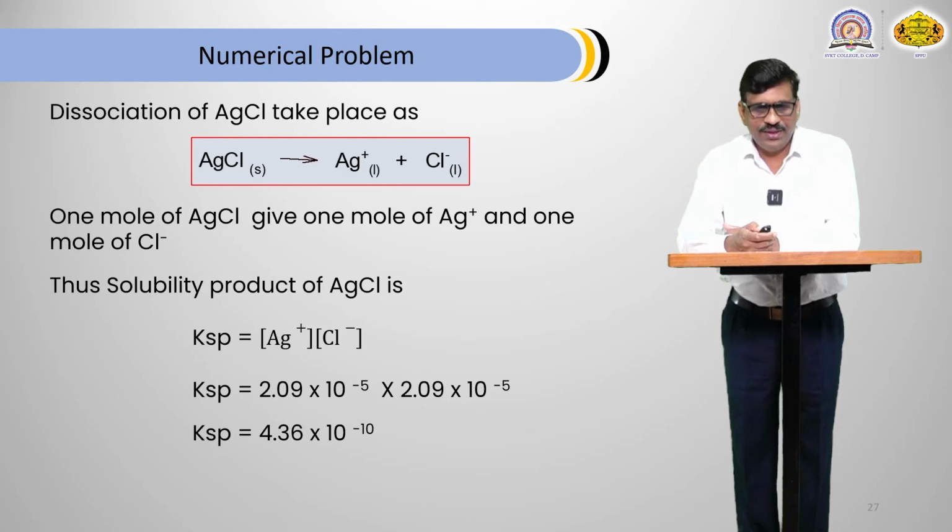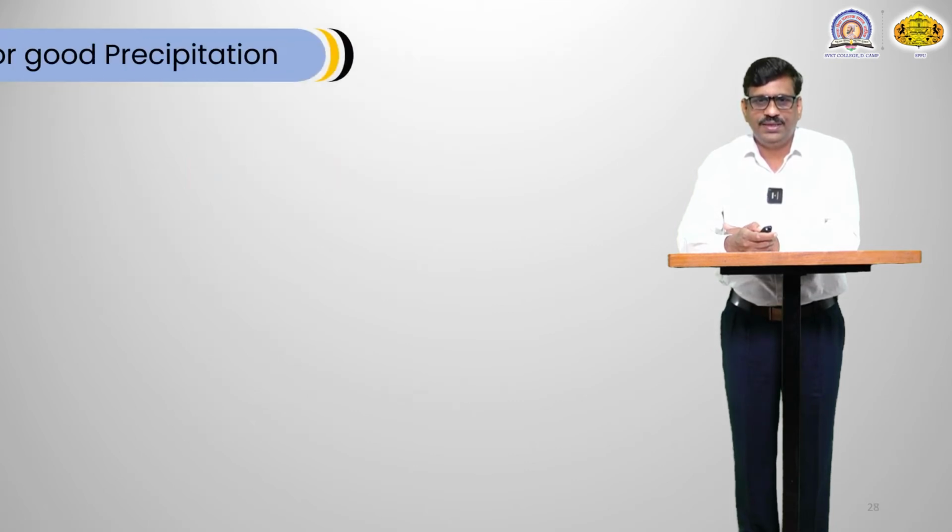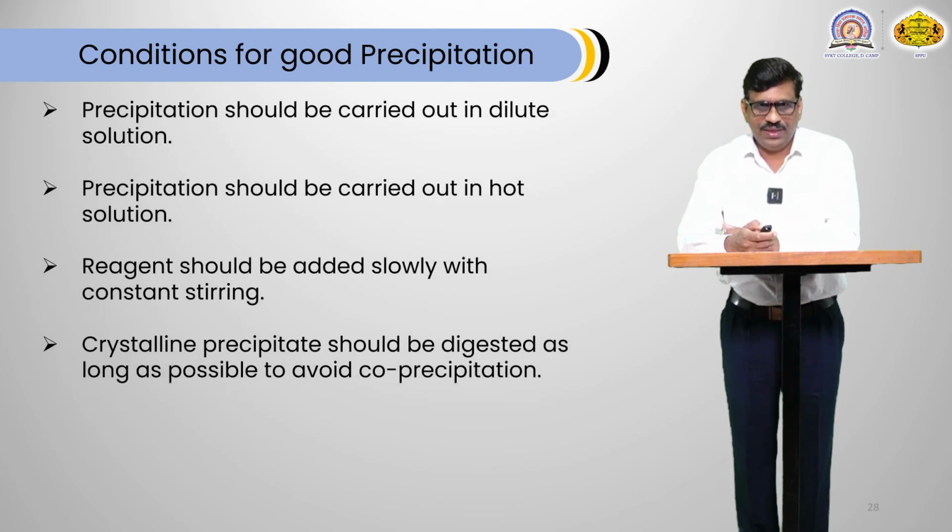We have calculated the solubility of AgCl, hence 2.09 into 10 raised to minus 5 into concentration of Cl minus, that is also 2.09 into 10 raised to minus 5. If you do the calculation, you get the answer 4.36 into 10 raised to minus 10. Hence, we can find the solution for problems of solubility as well as solubility product.